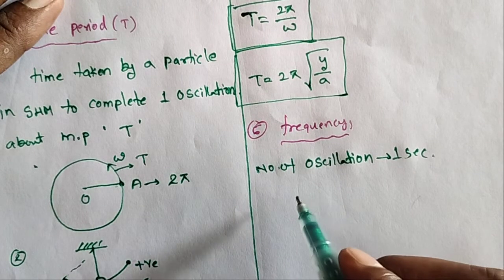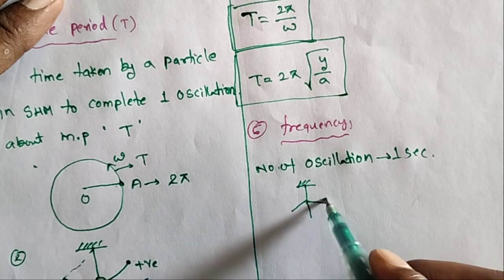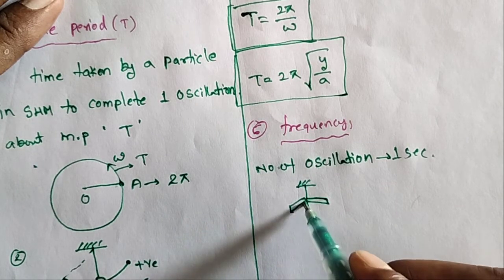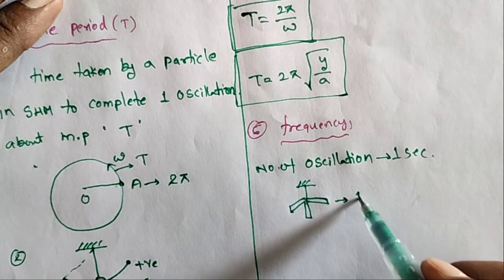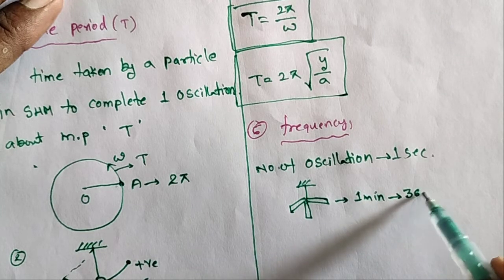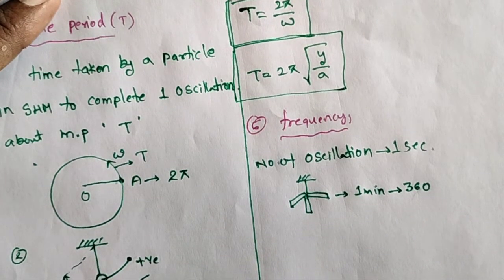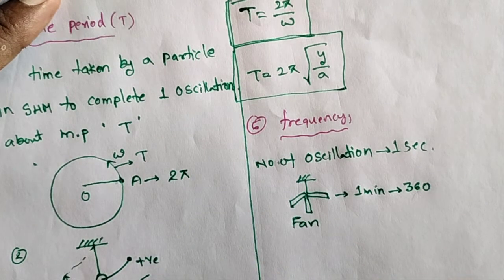For example, here I am taking a fan. The fan has three blades here. Suppose in 1 minute it rotates 360 rotations. How many rotations in 1 minute for the fan? I am taking one fan. The fan rotates 360 rotations in 1 minute.